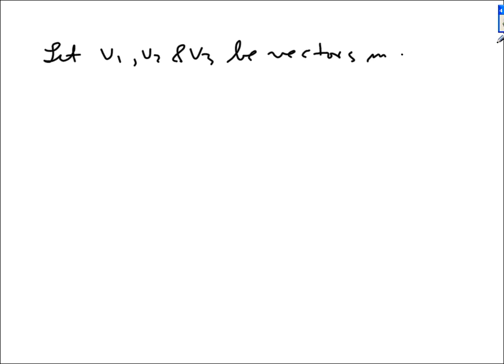Okay. Let's do one more theoretical exercise. Let V1, V2, and V3 all be vectors in a vector space such that the set of vectors V1 and V2 is a linearly independent set.